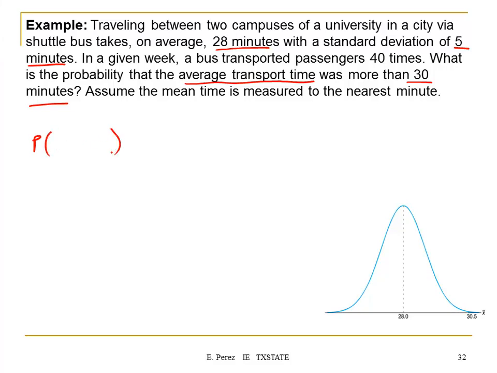So if you were to state that probability, how would you state that? That's correct. So our random variable is x bar, and we are here more than 30 minutes. So x bar is greater than 30.